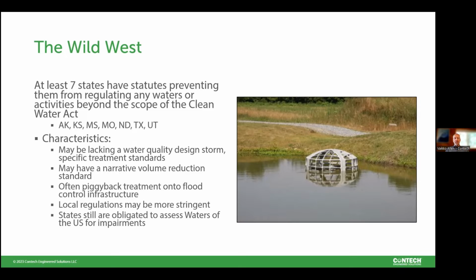So in these kinds of Wild West situations, a lot of times stormwater standards are just kind of tacked on to what they might have for flood control. And in some cases, you can just put in a trash rack like the ones shown here in the picture. And sometimes that's good enough for stormwater quality, at least from a local regulatory perspective. Maybe not good enough in terms of having an actual measurable impact downstream.